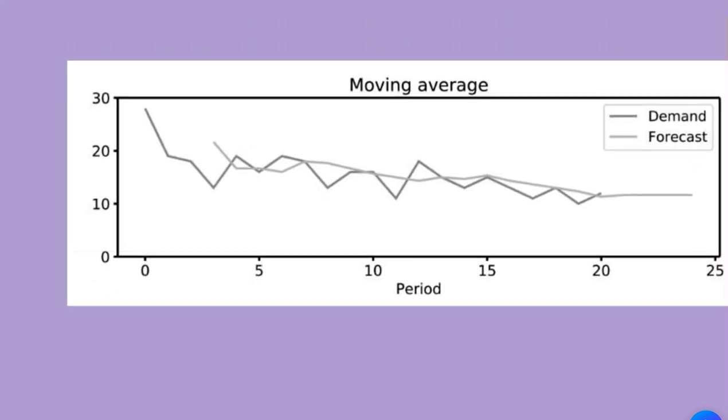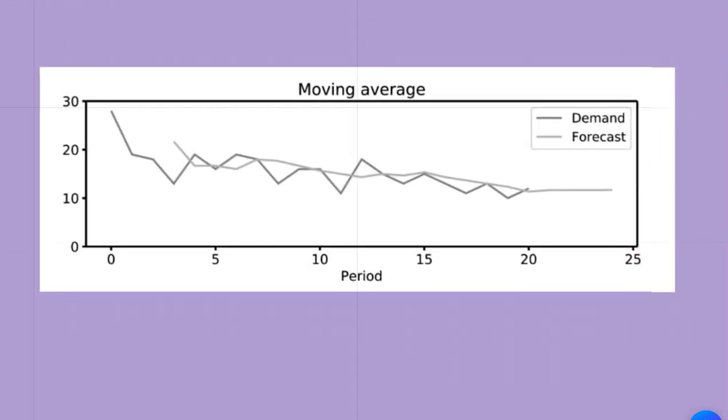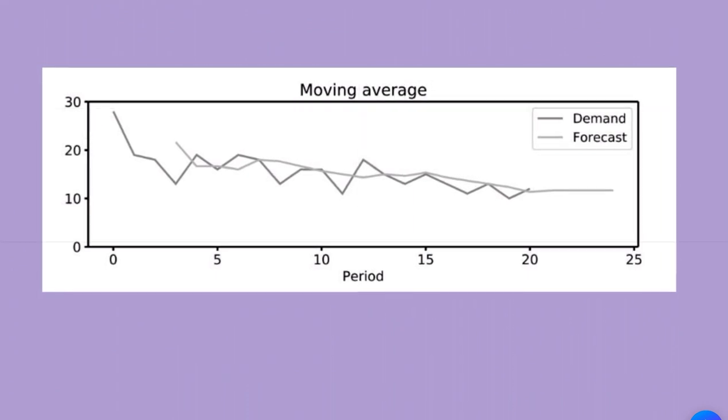This is a simple graph between demand and forecast, and the value of n seems to be around 3.